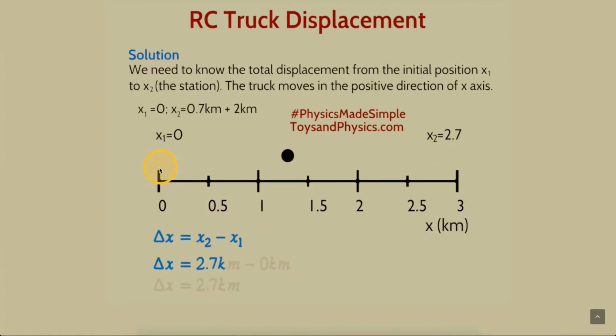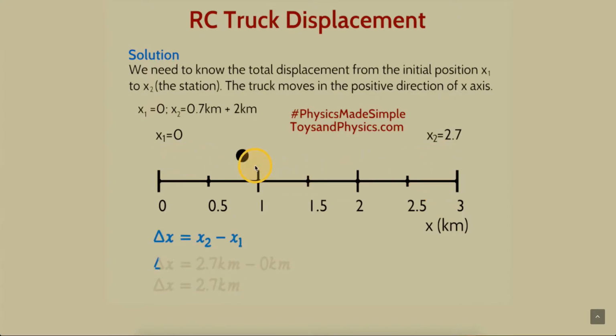I have a very simple diagram here with an x-axis labeled in kilometers. Something I want to mention is that this particle, this little circle, is there to show the object moving from the x1 position at 0 kilometers until its final destination.